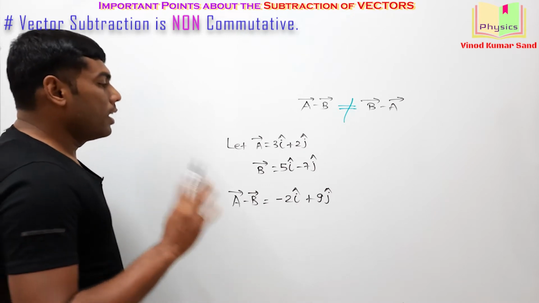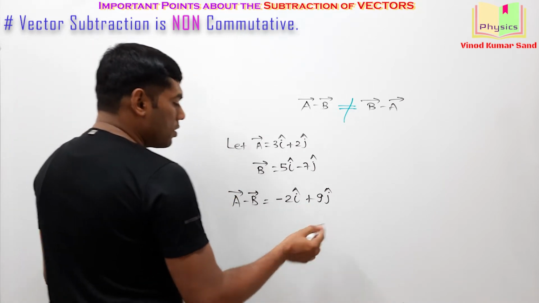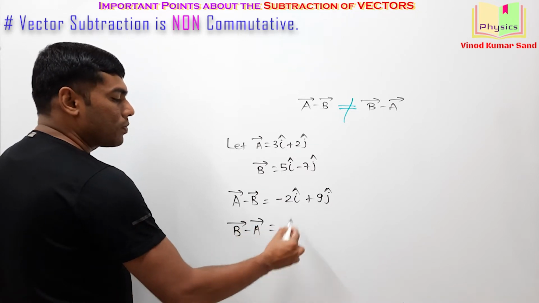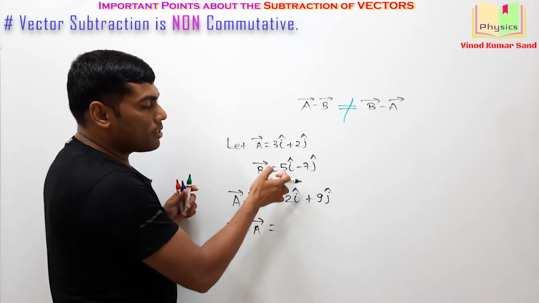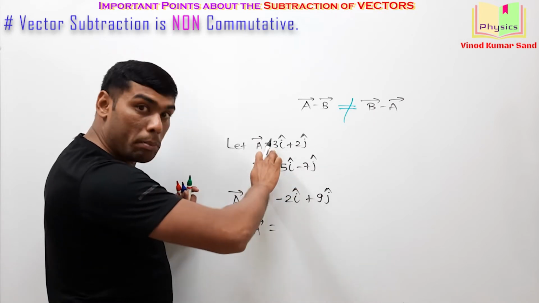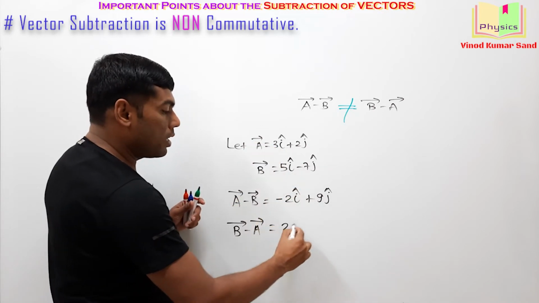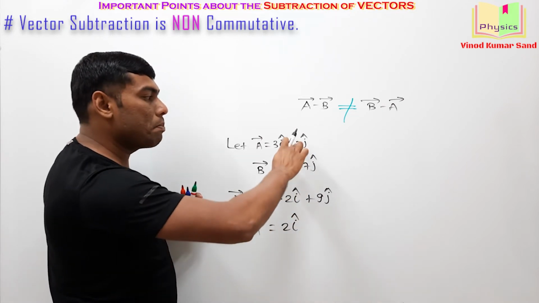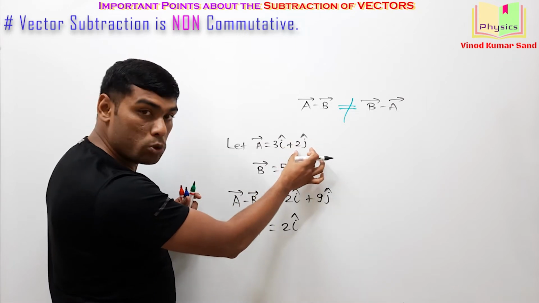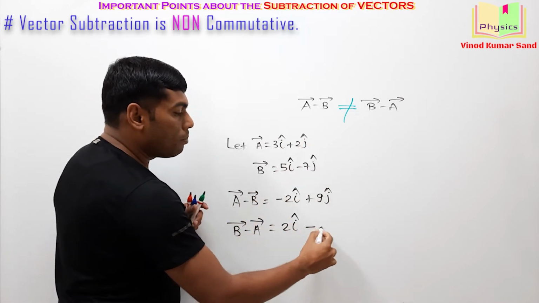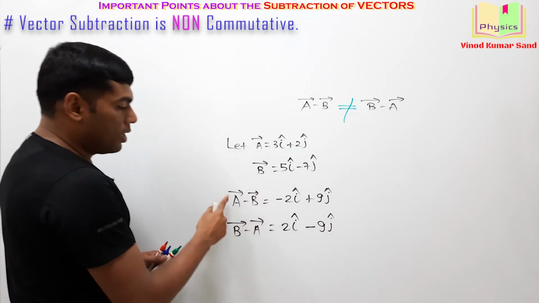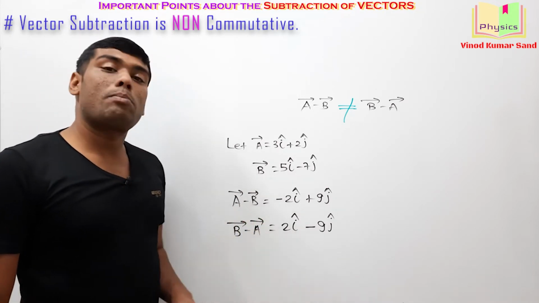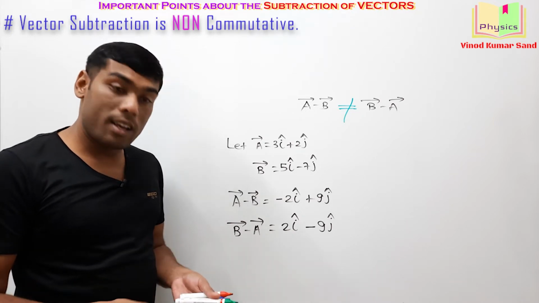Do you agree? Now instead of this, try to obtain b vector minus a vector. B vector minus a vector means 5i cap minus 3i cap, so it will be 2i cap, and minus 7j cap minus 2j cap, it means minus 9j cap. Check yourself. A vector minus b vector and b vector minus a vector, they are unequal.